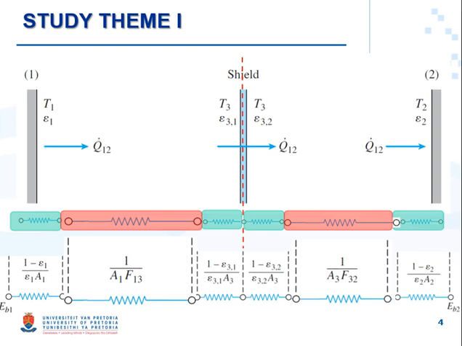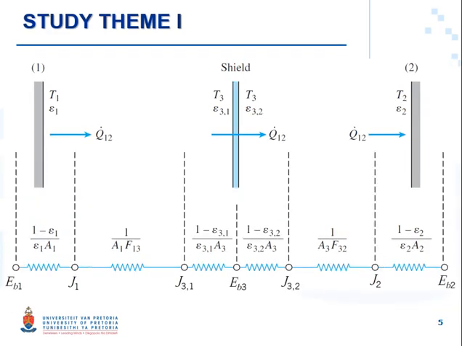Okay, it's very simple, but at the same time, if you don't give enough attention to it, you might miss something or make a mistake. This is the resistance network, and if you want to have it more clear, you can see here.